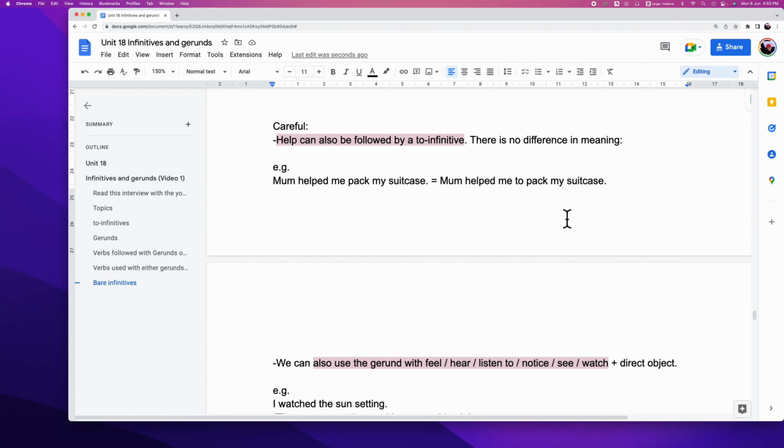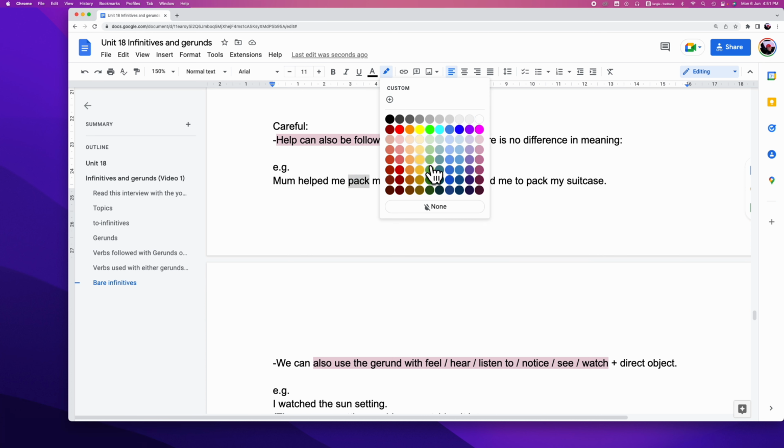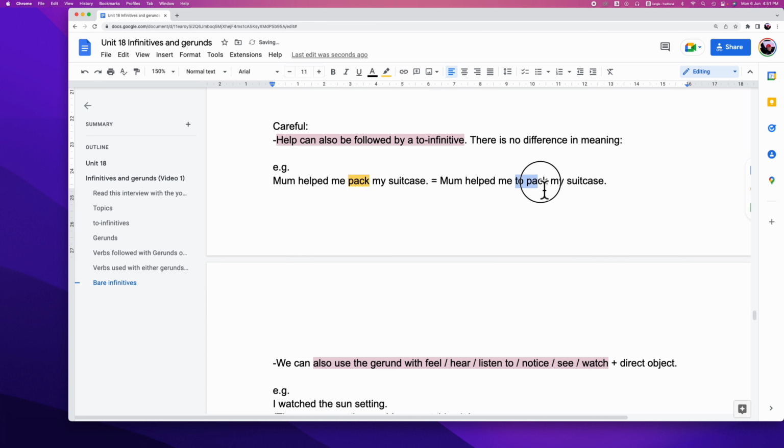Be careful about the verb help. Even though it could follow a bare infinitive, sometimes it could follow something else. What are they? Let's take a look. Mom helped me pack my suitcase is equal to Mom helped me to pack my suitcase. Following a bare infinitive is no different from following a to-infinitive.